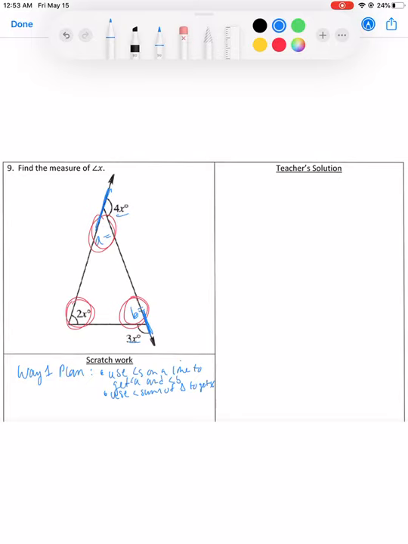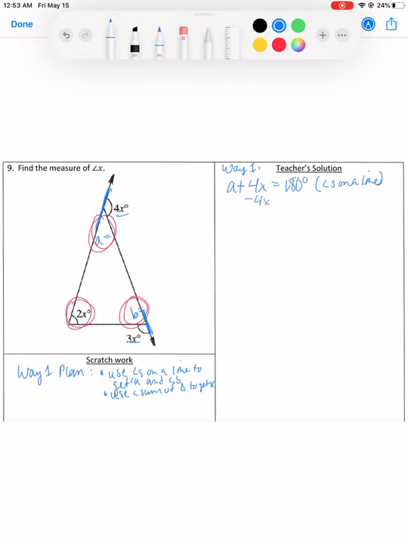So we'll start with A. A plus 4x is equal to 180 degrees because the angles are on a line. This is way 1. And I'm going to solve for A because that's what I want.